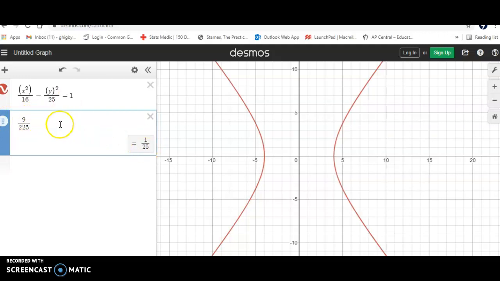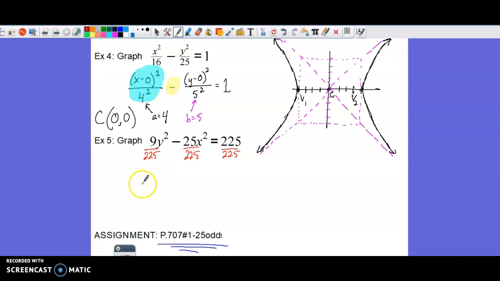And there's sort of a shortcut here because these are perfect square numbers. But anyway, I'm just trying to point out that 9 over 225 reduces to 1 over 25. And the same thing could be said with this one.